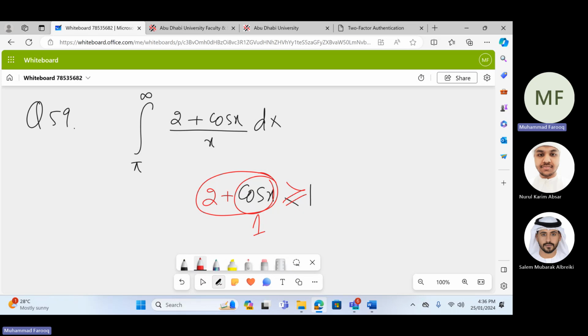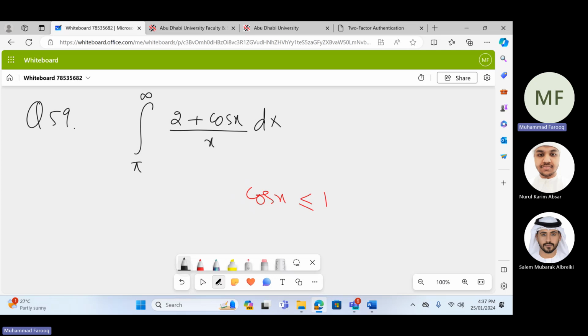Right, so if it's only cosine x, see, I start with cosine x, and the maximum answer is less than or equal to 1. This is the property. Then in my question, I have cosine plus 2.